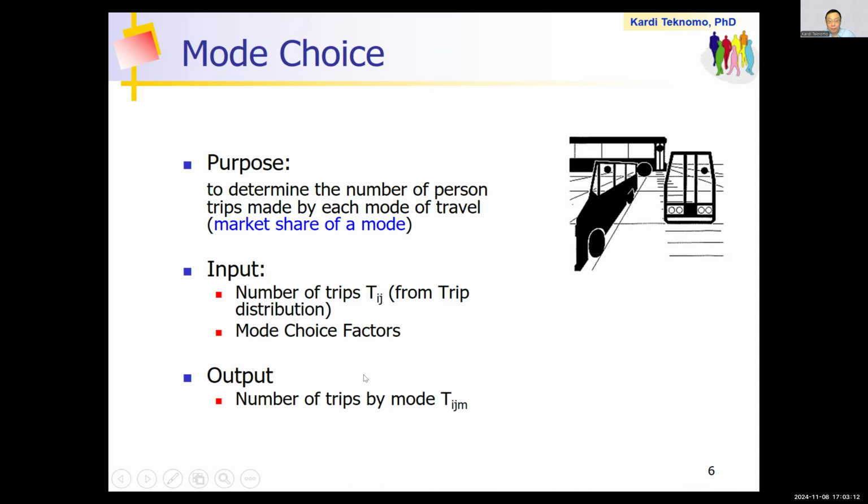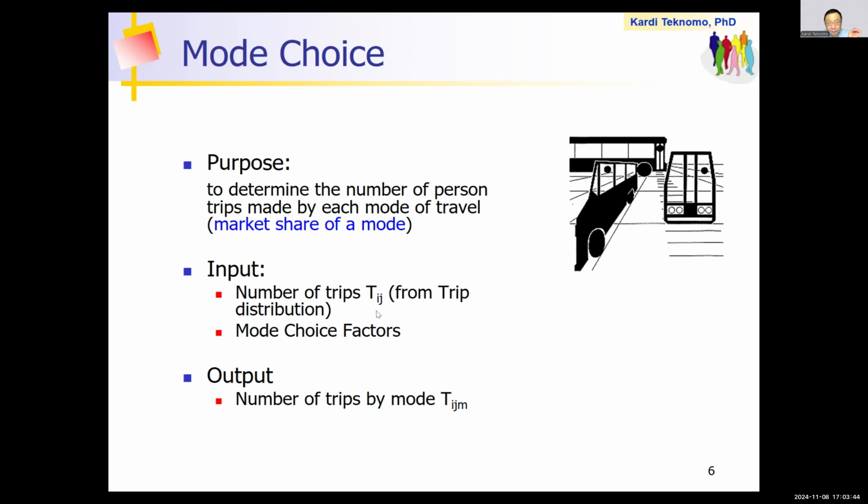The purpose of mode choice is to determine the number of person trips made by each mode of travel. So the input is basically the OD, origin-destination, from the trip distribution. The output of this model should be the same number of person trips, now separated by mode.